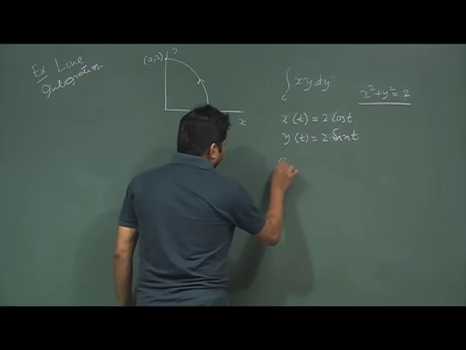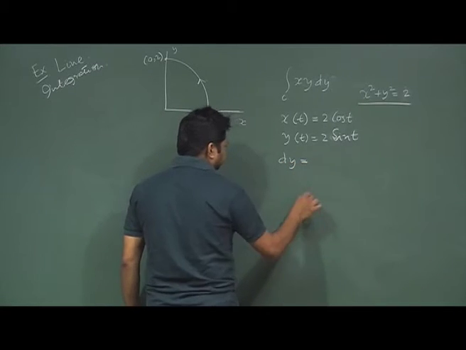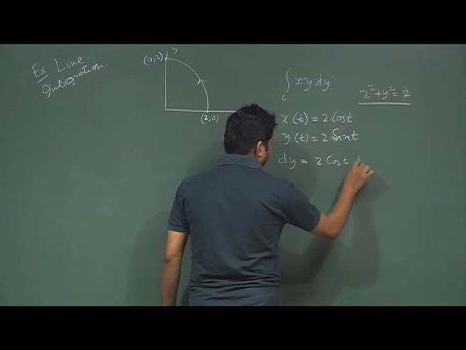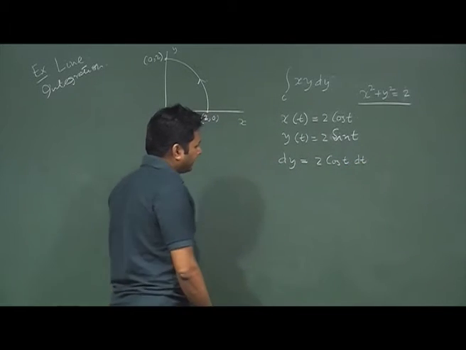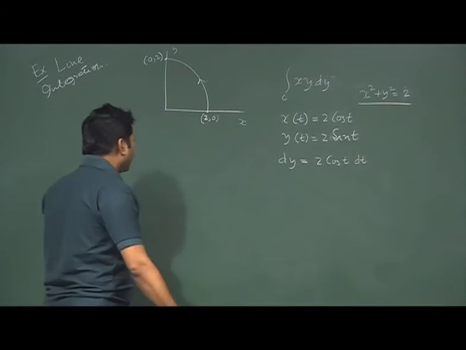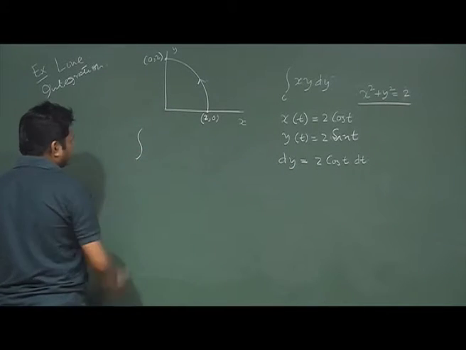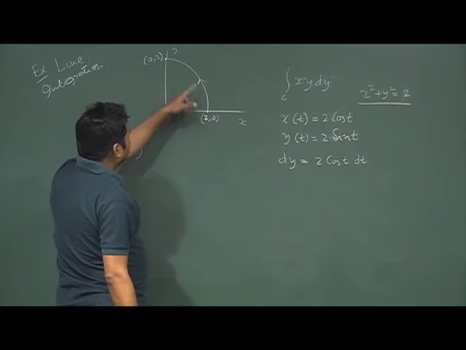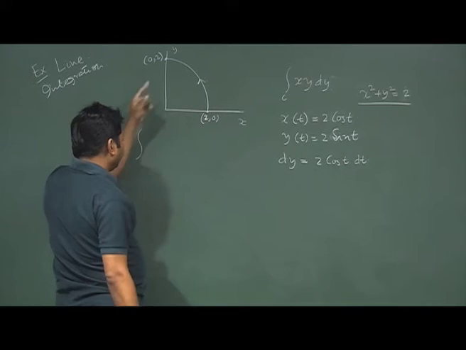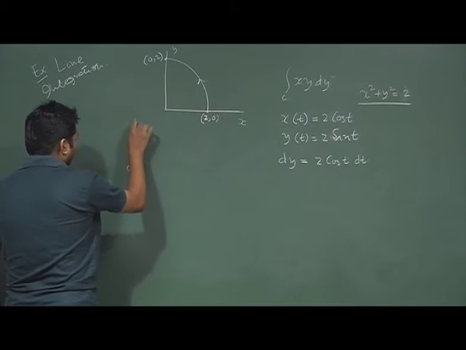So what is my dy then? dy is 2 cos t dt. If I make the dy, it will be something like this. So what is my integration then? Now this is defined because I am changing one variable, and now t is changing from 0 to pi by 2.